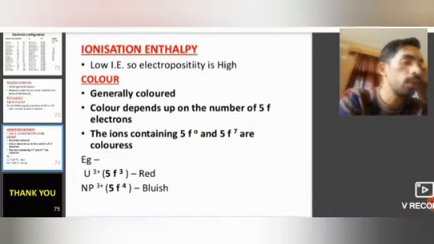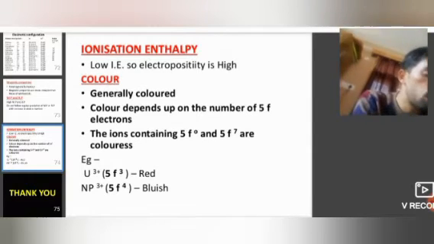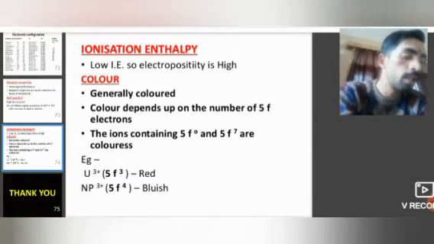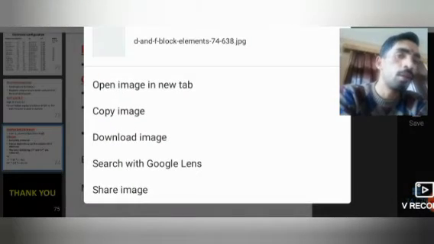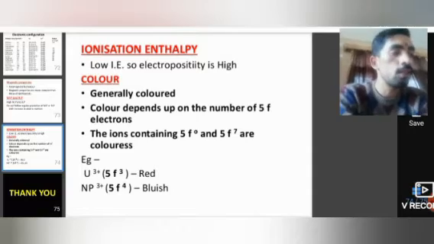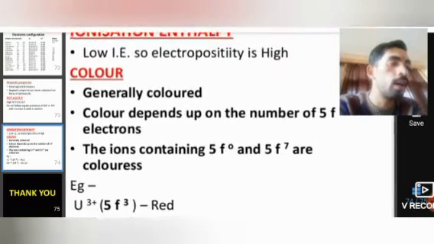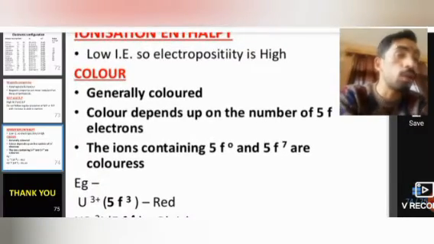Dear students, a very important question comes on the similarities and differences between lanthanide and actinide, and the applications of the d block. So note down please. First, lanthanides are used as a catalyst in petroleum cracking.